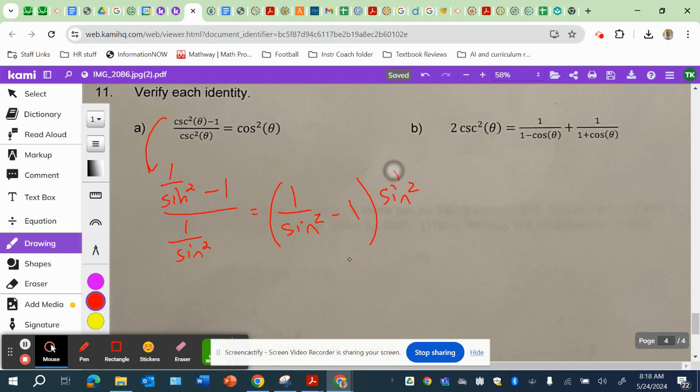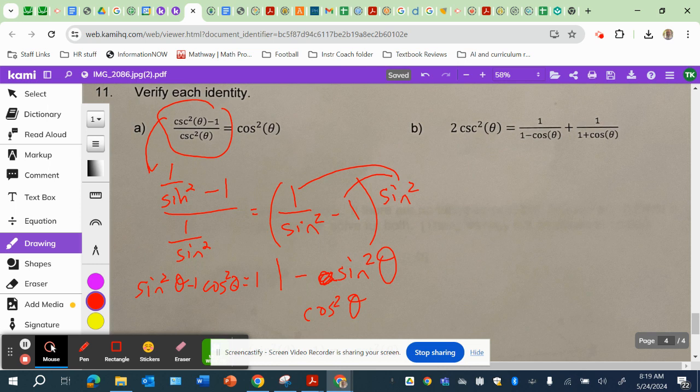So when I multiply this times both of these, I get 1 minus sine squared. Well, 1 minus sine squared is equal to cosine squared, because sine squared plus cosine squared equals 1. So change everything to sine and cosine when in doubt.